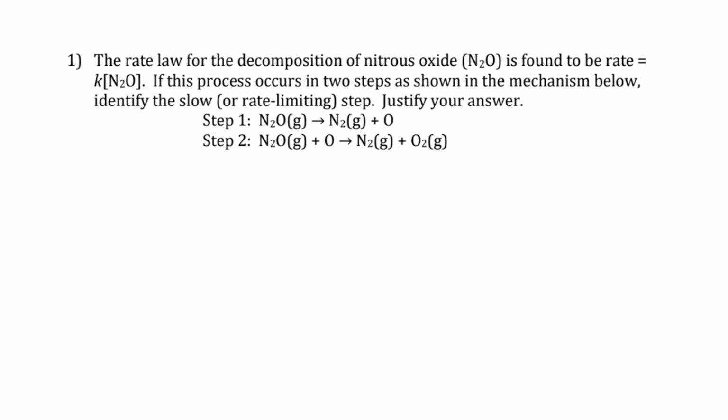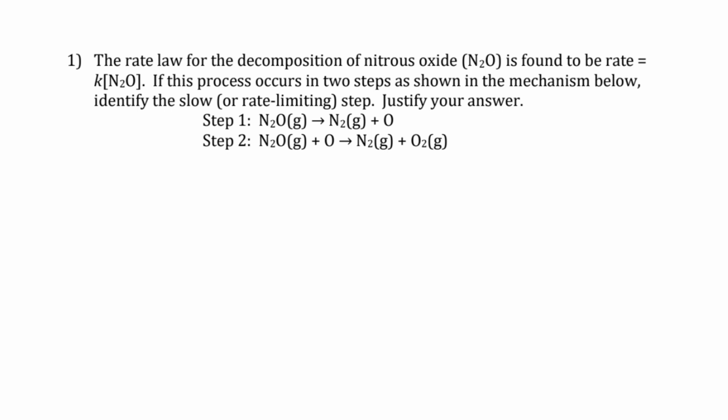The rate law for the decomposition of nitrous oxide N2O is found to be rate equals K times N2O. If this process does occur in 2 steps as shown below, identify the slow or rate limiting step, justify your answer.